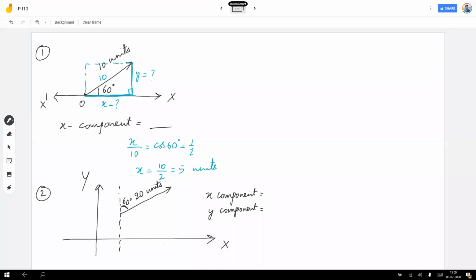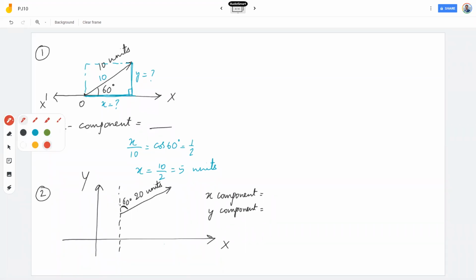X component is the component of that vector along the x-axis. Y component is the component of that vector along the y-axis. See, this is one end, no? So what I'll do, I'll draw a line parallel to the x-axis through this point and a line parallel to the y-axis through that point.